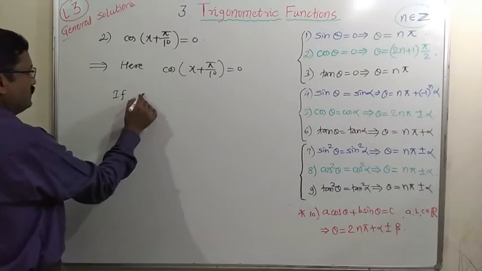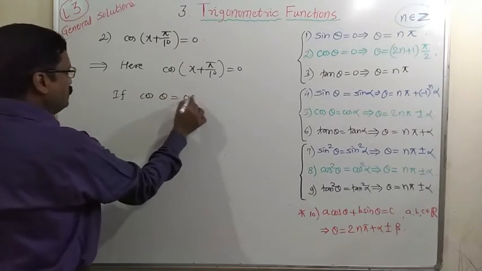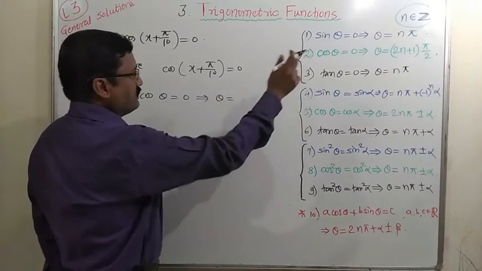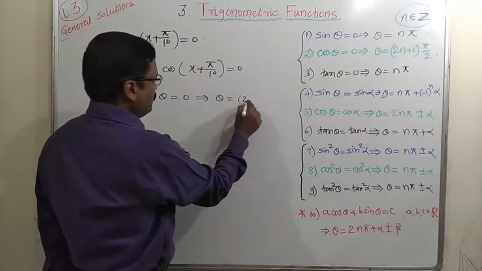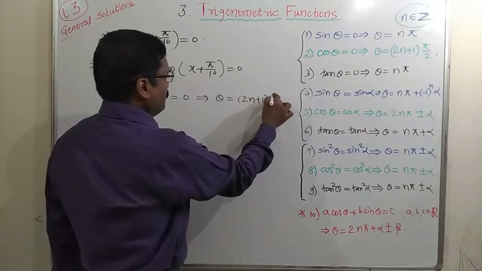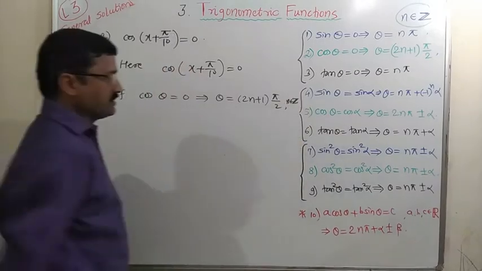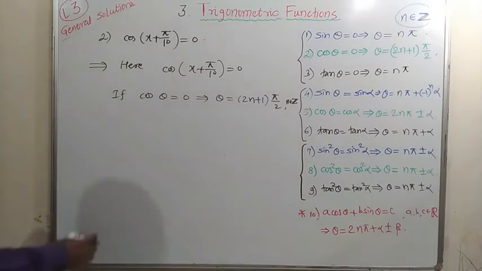Also we know that if cos theta equal to 0, then theta is equal to all odd multiples of pi by 2, where n belongs to the set of integers. So we will use the same here.